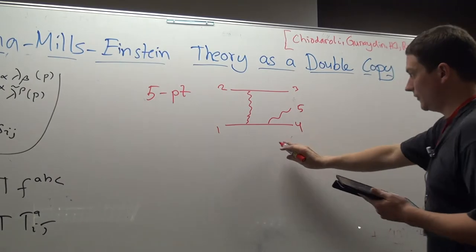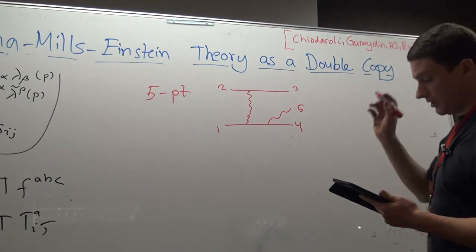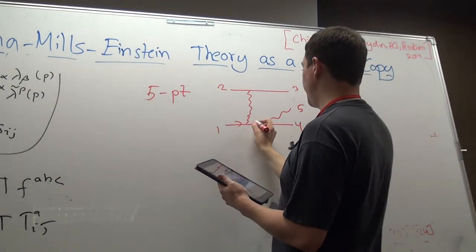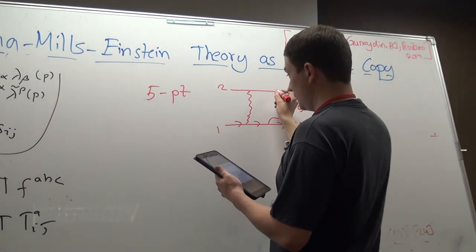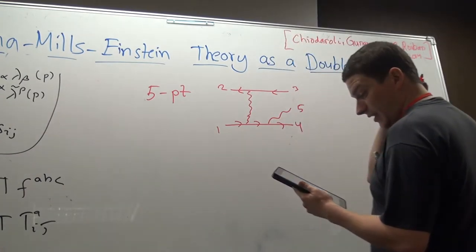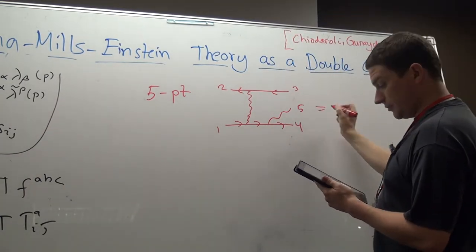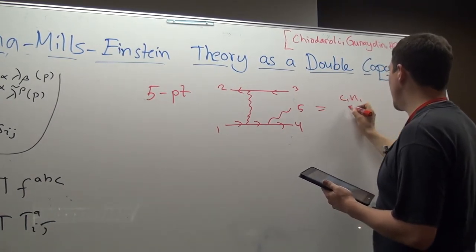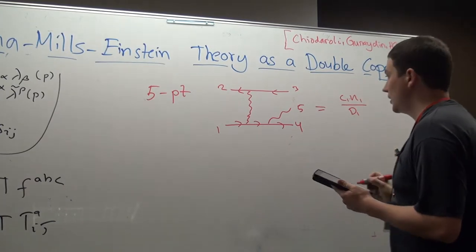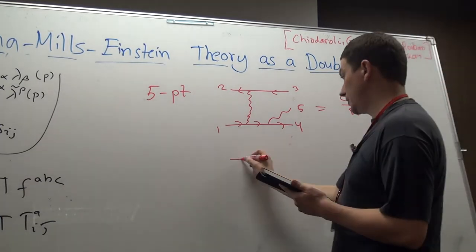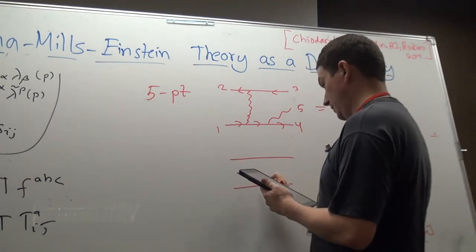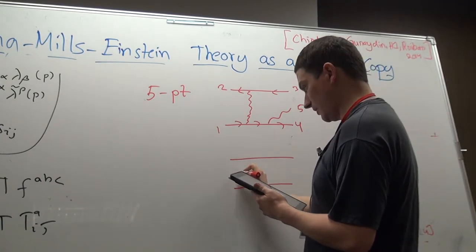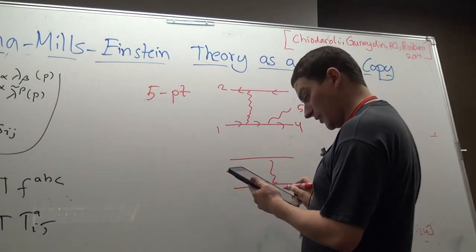So this is going to be the gluon, and the other ones are going to be quarks. So there's going to be this diagram. So now let me just schematically denote it C1 N1 over D1. And there's going to be, don't worry, I'm not going to draw all the diagrams. There's 3 of them.